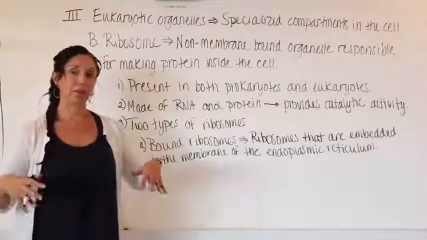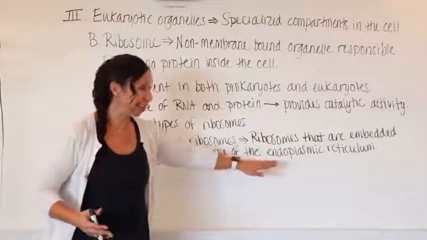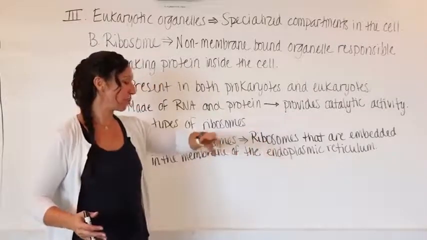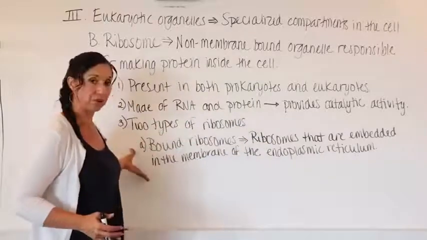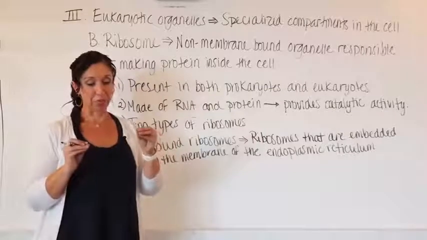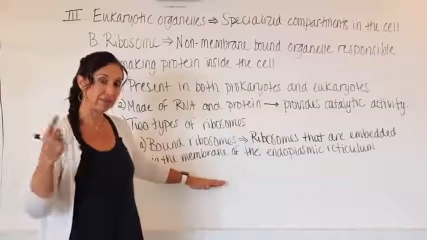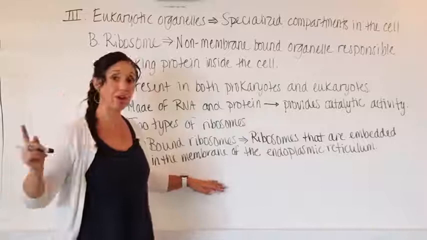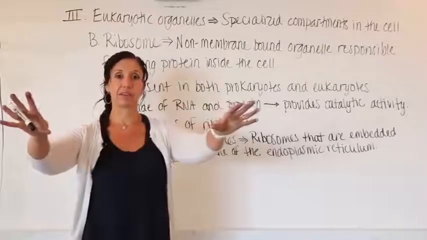And remember how organelles are surrounded by membranes. If there are ribosomes embedded in the endoplasmic reticulum membrane, that ribosome is now considered a bound ribosome. Bound ribosomes produce proteins that either function in the membrane, it could be an organelle membrane or the cell membrane, or they produce proteins that get secreted out of the cell.